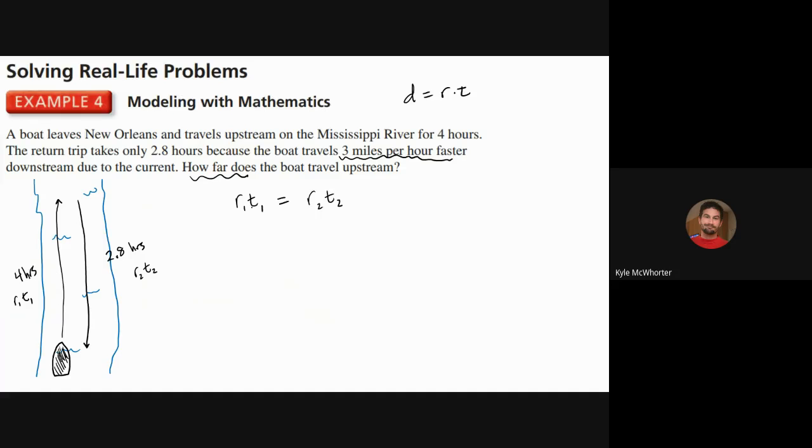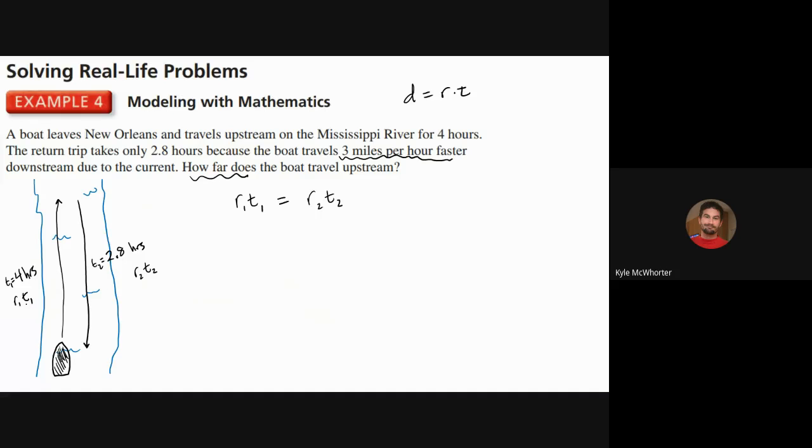Okay, I know the time there and the time back, right? So I know that T1 is 4 hours. T2 is 2.8 hours. And then what do I know about their rates?